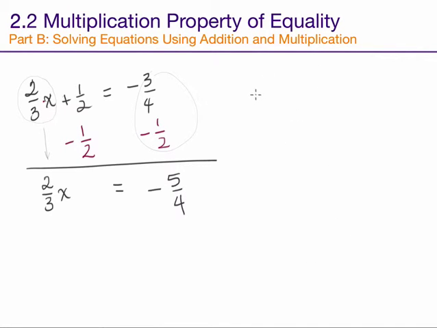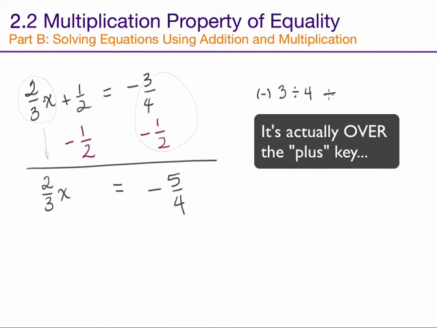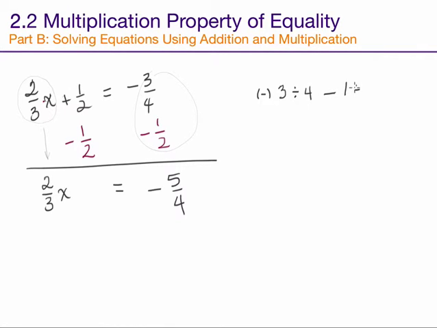On your calculator, you'll need to use this little symbol first for the negative. Then type 3 divided by 4 minus, that's the regular minus key, it's right under the plus key, minus 1 divided by 2.